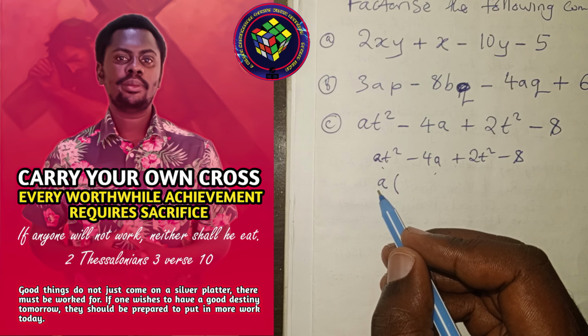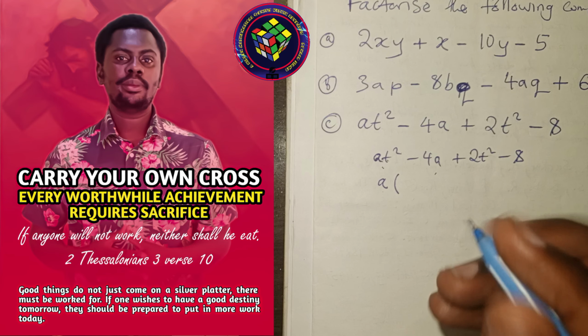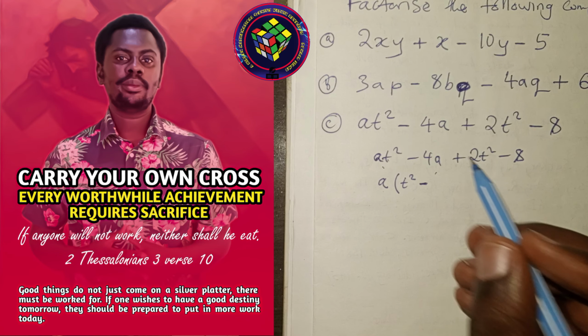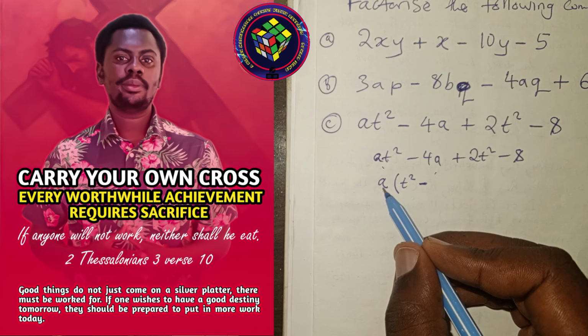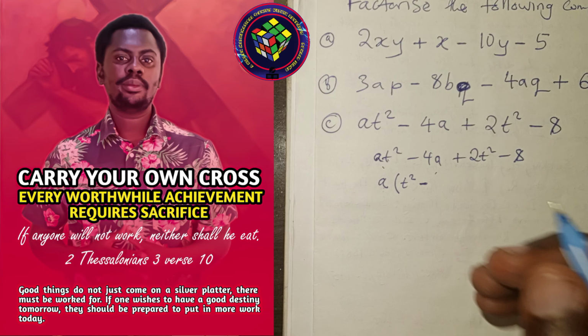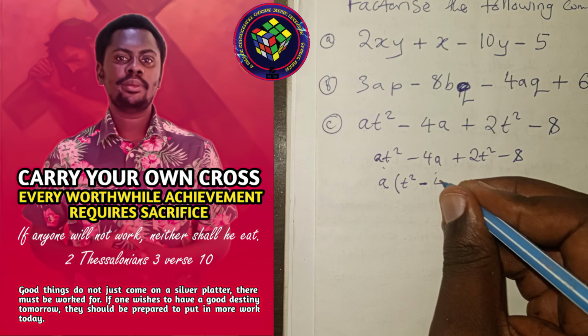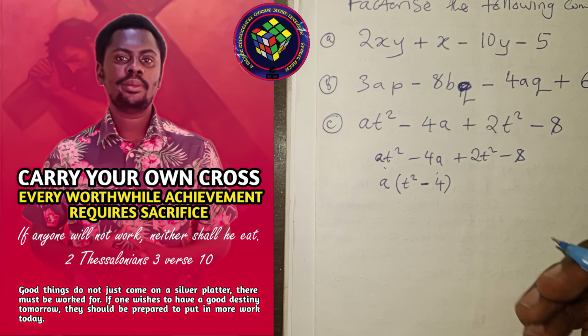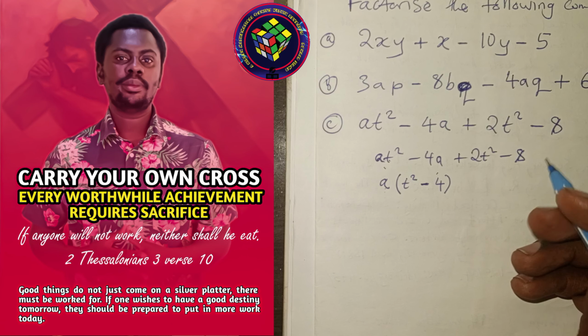Yes, a and a will cancel, so we remain with t squared. So we have t squared minus 4a divided by a. So a and a will just cancel, so we remain with 4. So we have 4 there. Okay. Then this side, what is common?